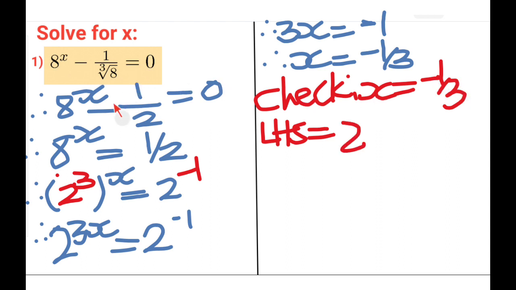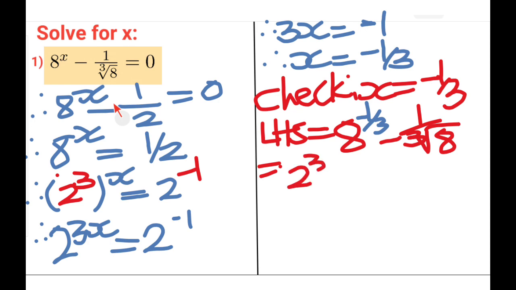So you've got 8 to the power of negative 1 over 3 minus 1 over the cube root of 8, which is equal to, express your 8 as a power, 2 cubed raised to the power of negative 1 over 3 minus, simplify that, so that is 1 over 2.